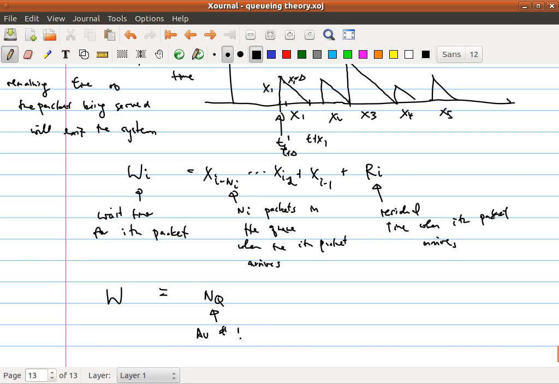Average number in the queue times the average service time.